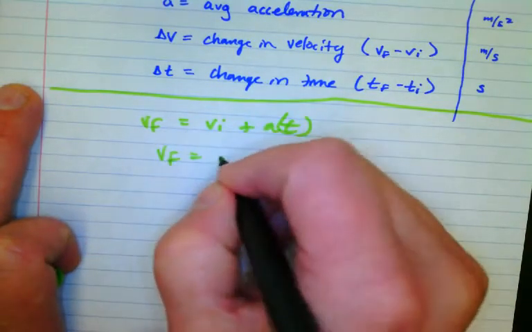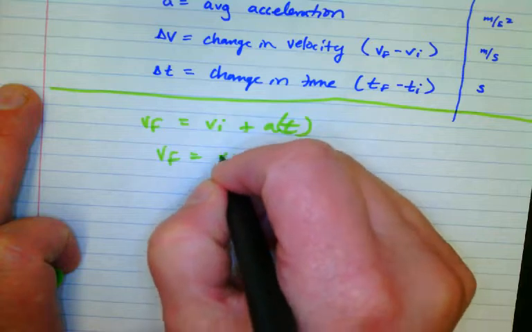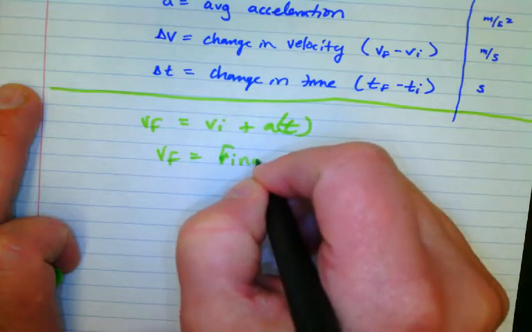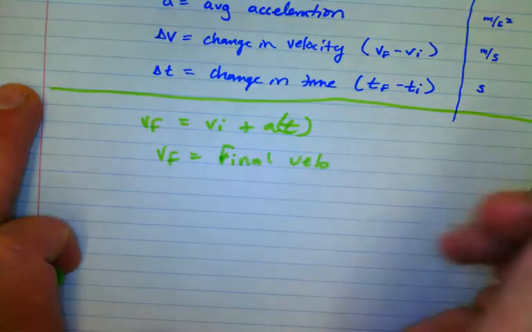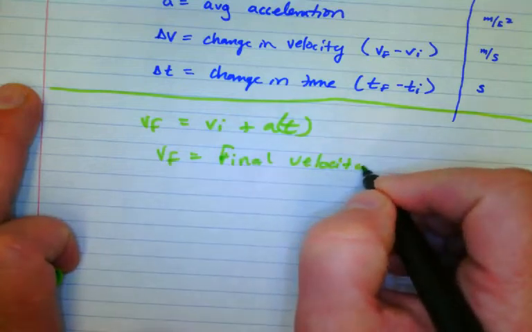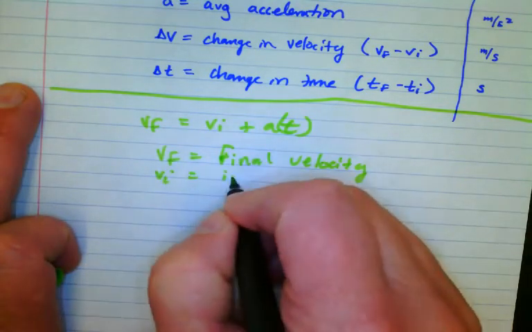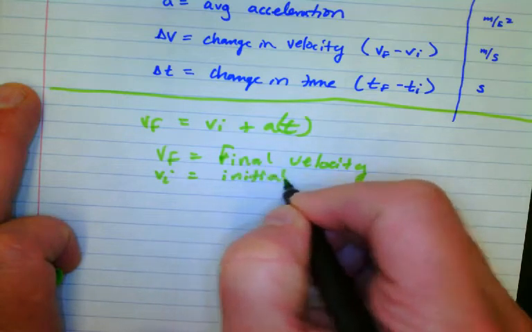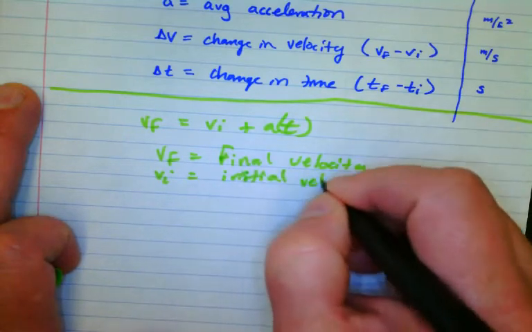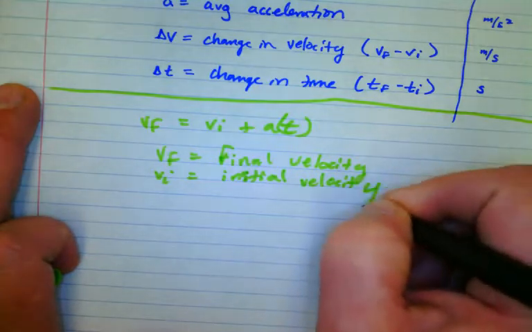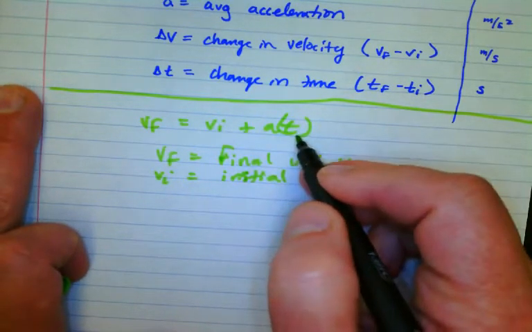VF is final velocity. VI is initial velocity. Ooh, I can't spell initial, sorry. Is that plus AT? Yep. And AT means I'm multiplying them.